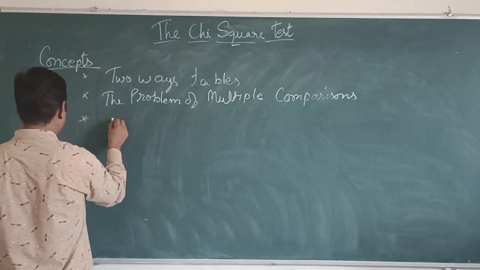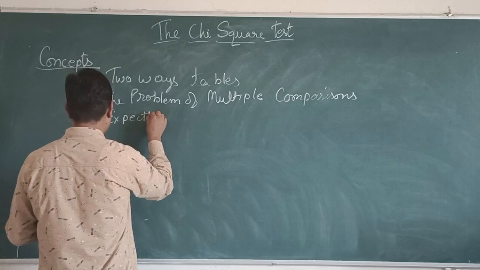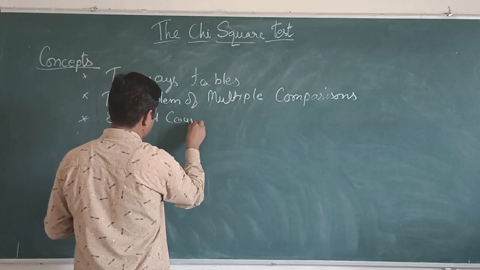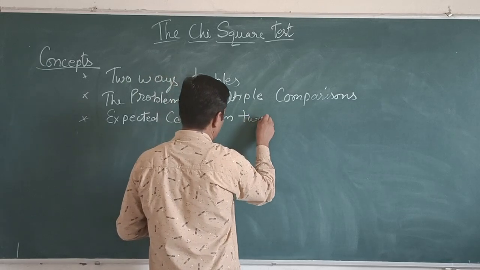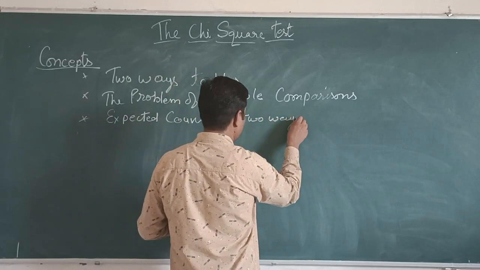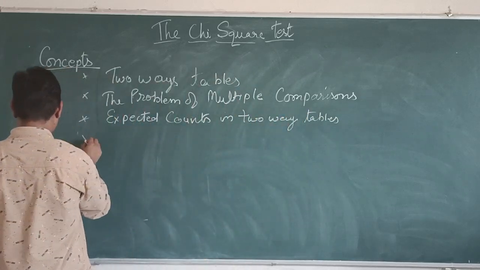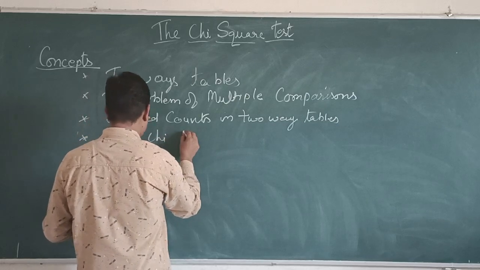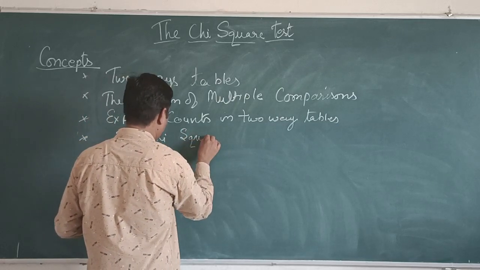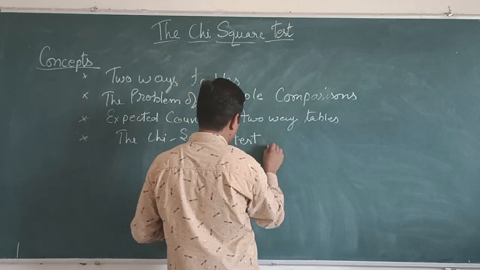Next is expected counts in two-way tables. The chi-square test study.